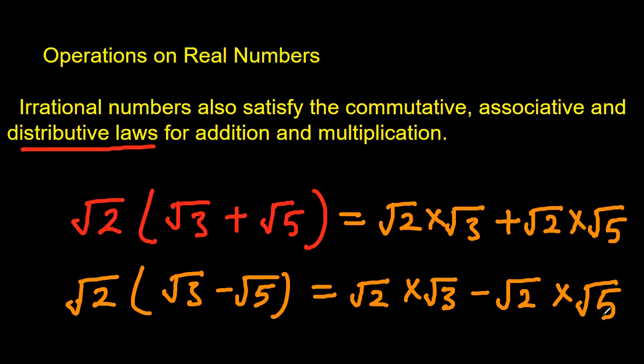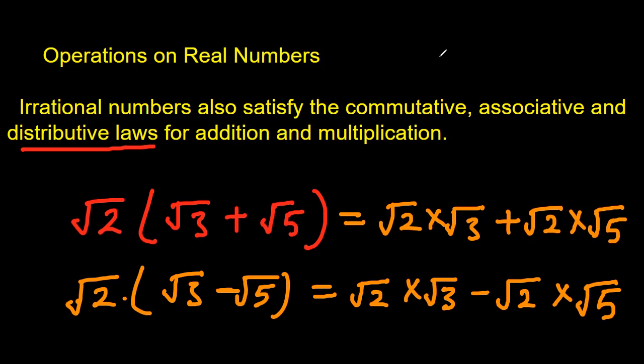I mean, irrational numbers satisfy distributive law of product over addition or product over subtraction. Okay, so what we have seen is now these basic rules, the commutative, associative, distributive, and multiplication, distributive laws are satisfied for rational as well as irrational number.